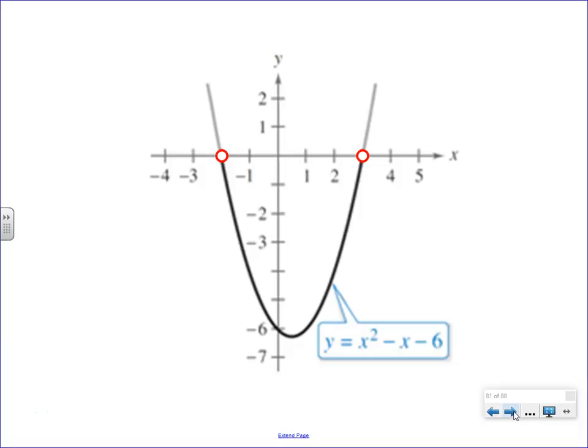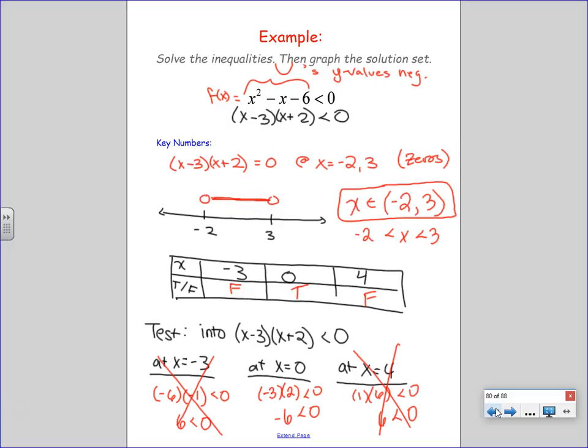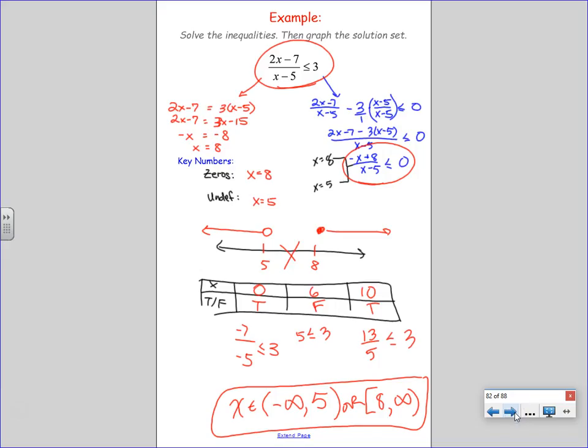So if there is a calculator problem, you might not have to do the whole process of what I just showed you. You could just graph it and say, for this problem, where is the parabola below the x-axis, right? And then similarly, if I go to this problem, couldn't I graph this function and then graph 3?